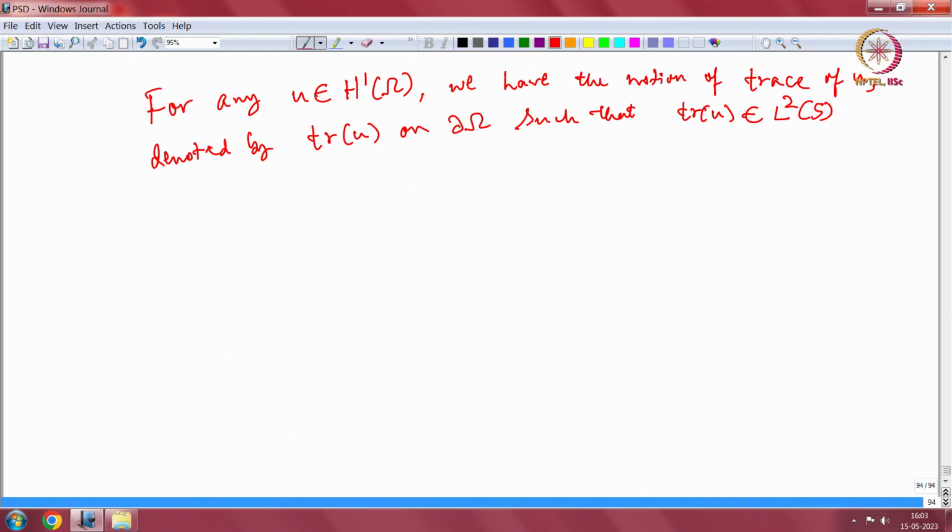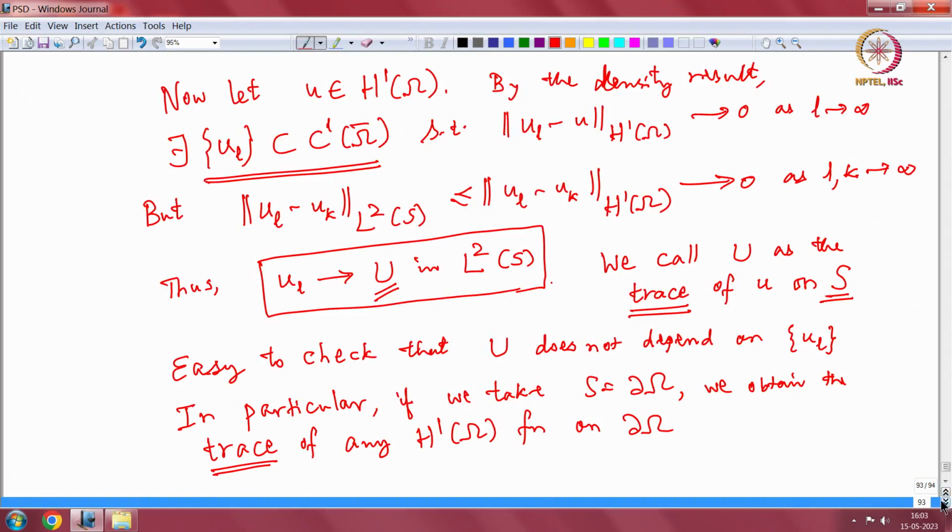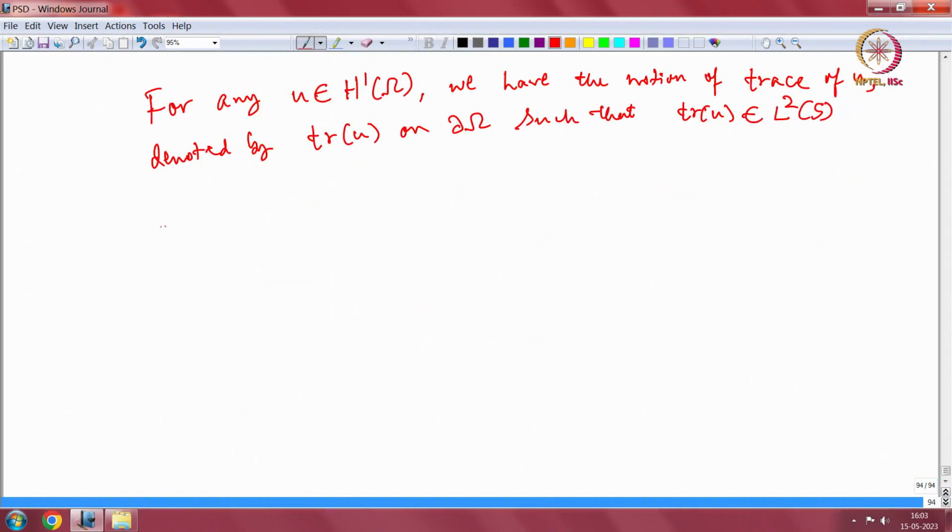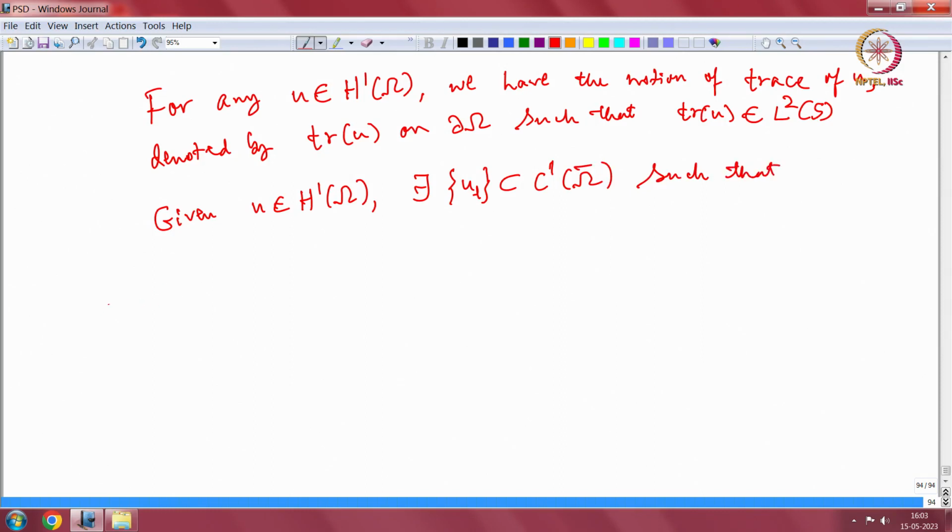So, if you observe the above arguments, what we did here: given u in H1 omega, there exists a sequence UL in C1 omega bar such that UL minus U in the H1 norm tends to 0.